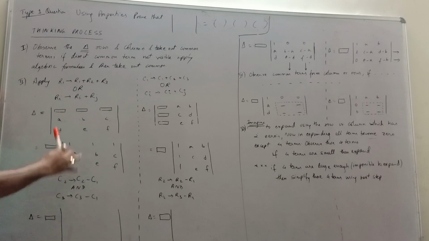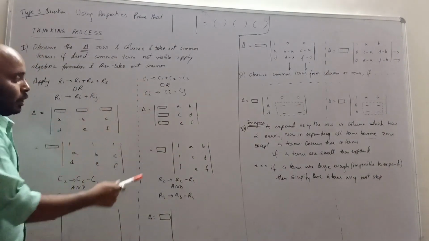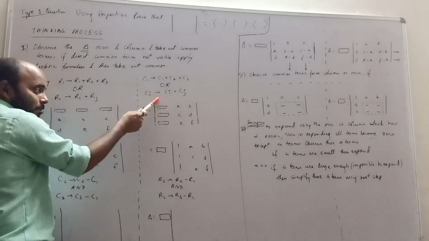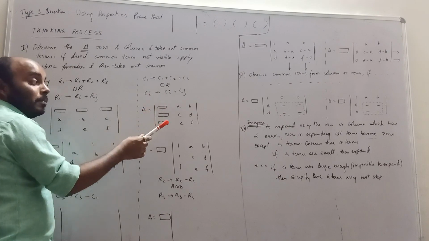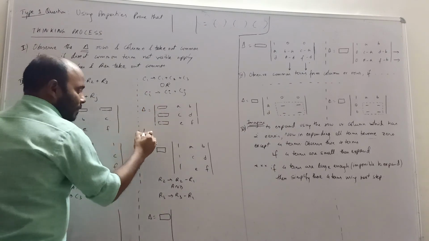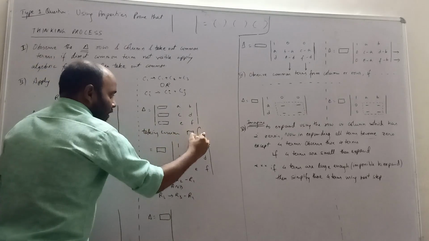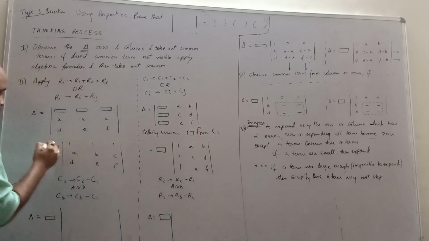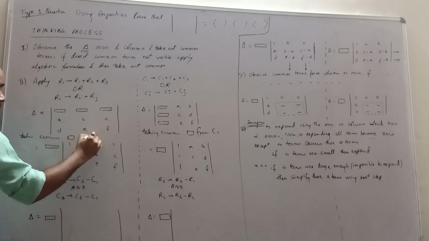Same job: if in your question you are working with columns, then you can take it common from the column. So we are taking this baksa common from C1. You have to write like this: taking common baksa from C1. Here you have to write taking common baksa from R1.